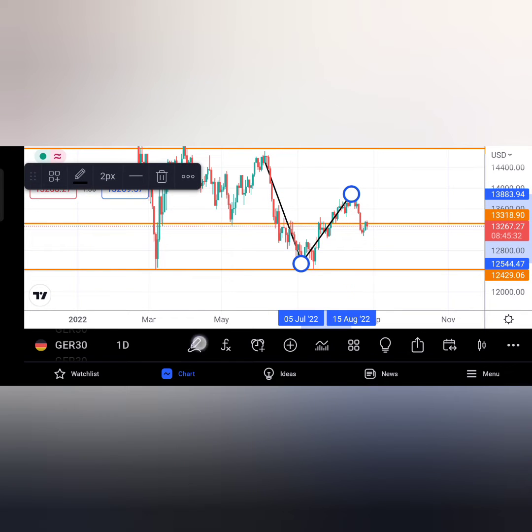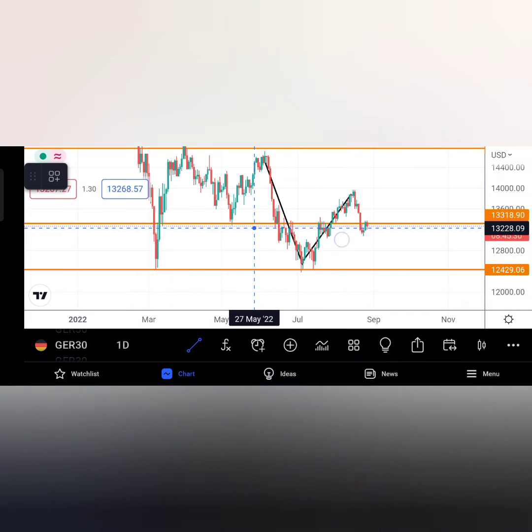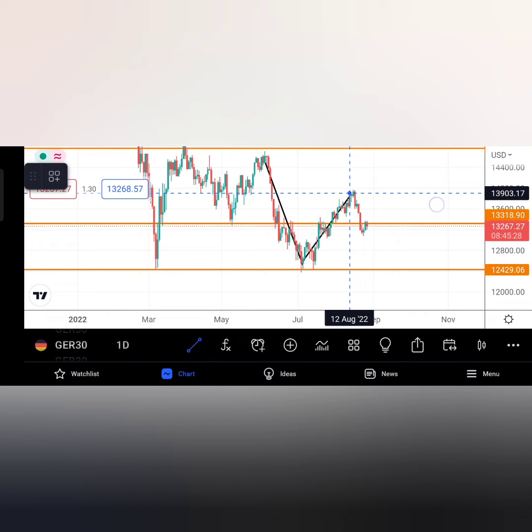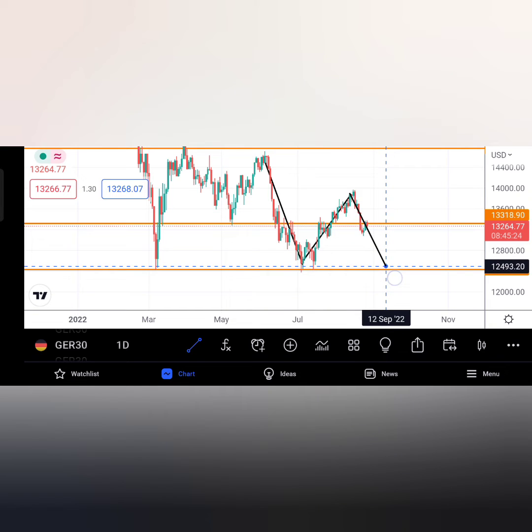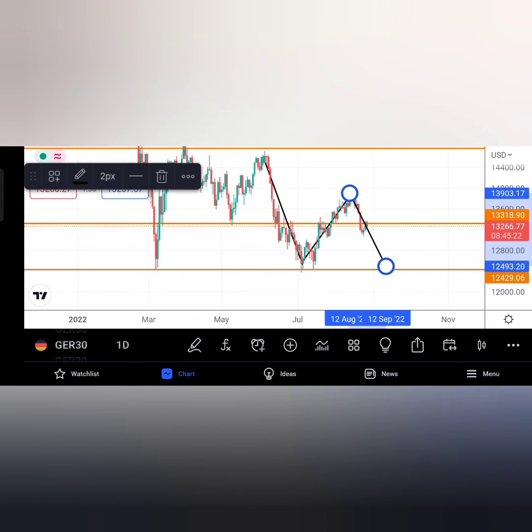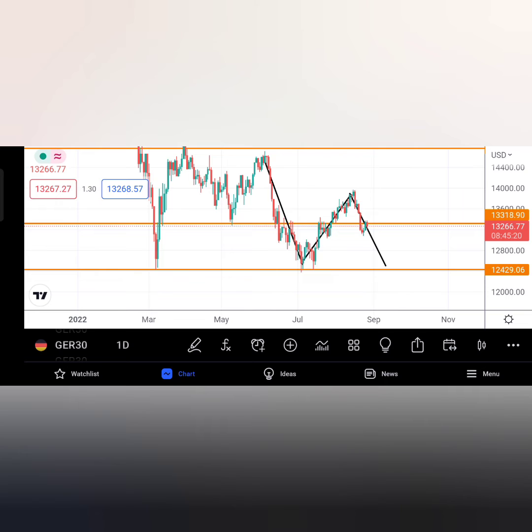So we know after a correction move, we are going for an impulse, which has started already down here. Since we know that this impulse has started, we need to drop further down, because now we have two confirmations that we had an impulse, a correction, and now we're at a second impulse phase.